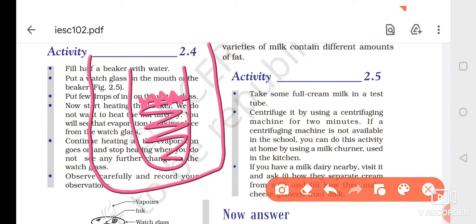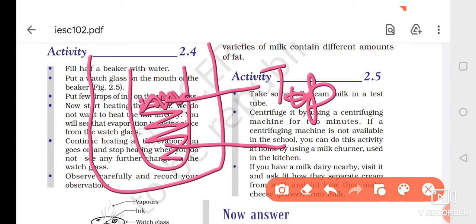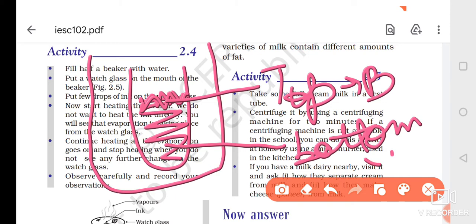All the denser particles, all my butter, will be collected at the top, and the particles which are lighter, my milk or the remaining part, will be collected at the bottom. That is how butter, or you can say cream, is separated from the milk with the help of the centrifugation technique.